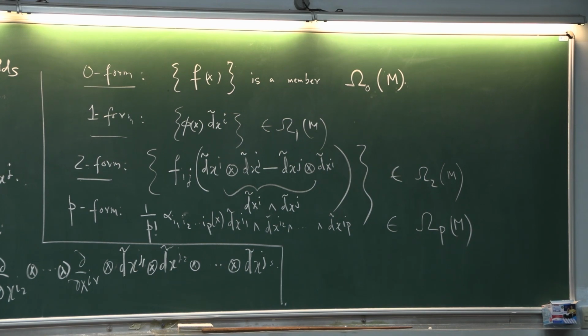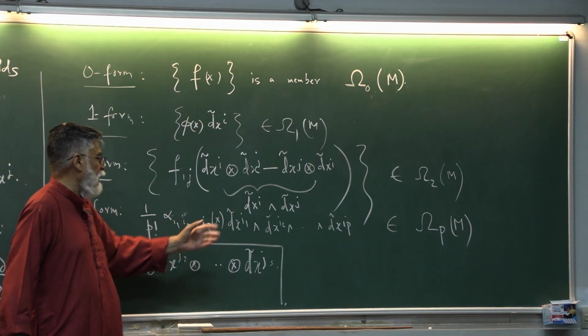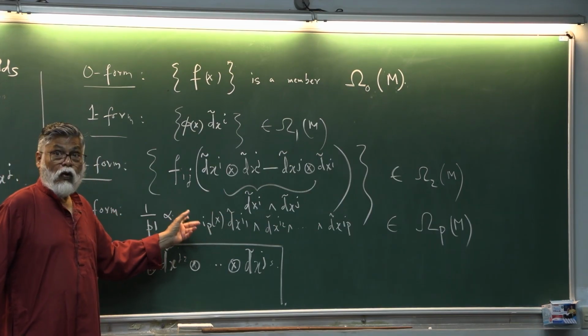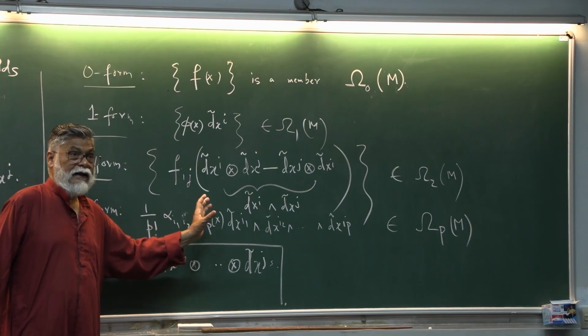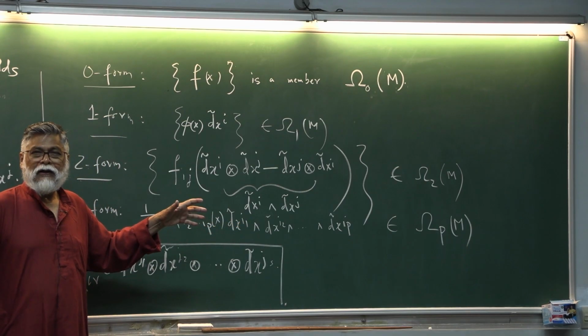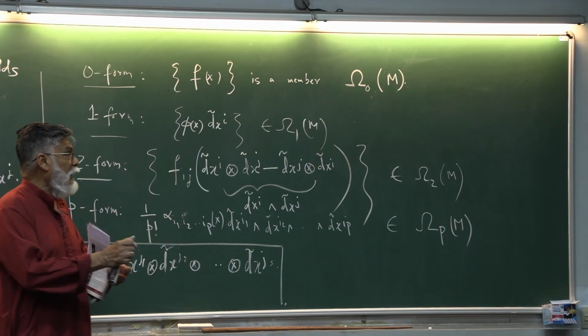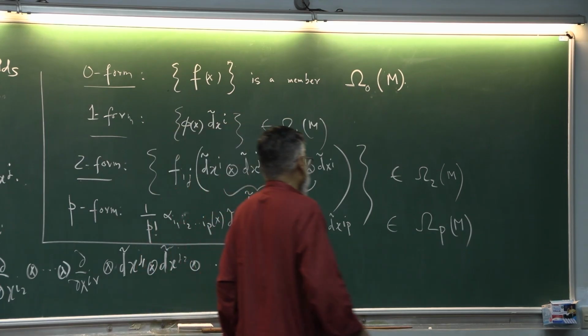Yeah, so you can ask why p factorial is here: because it's being summed over and you will be overcounting. It's already antisymmetric, so to not do the overcounting, we use the p factorial. That's the important point. Let me show by using a simple example.